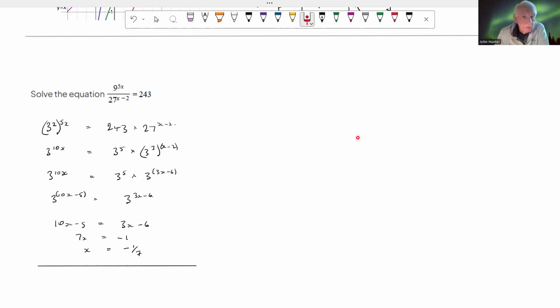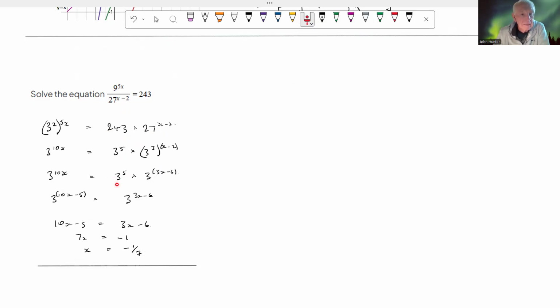So if we do a bit of conversion there, this 9 can be expressed as 3 squared. To get that, we multiply both sides by the denominator here. 243 times that. Well, 243 is 3 to the power of 5. 27 is 3 to the power of 3, so we can rewrite like that.